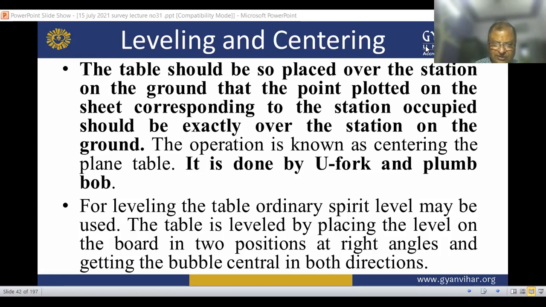And for leveling, an ordinary spirit level may be used. The table is leveled by placing the level on the board in two positions at right angles, and getting the bubble central in both directions.